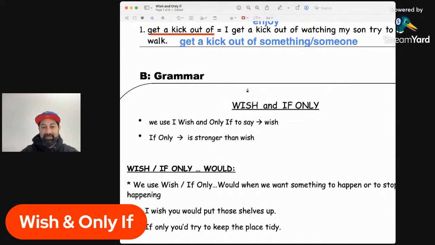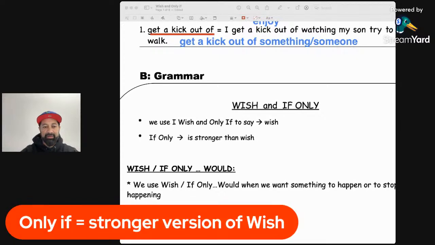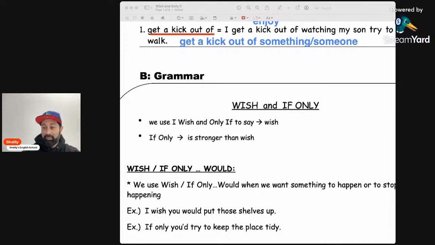Today, we will be focusing on two words. It's wish and if only. And as I put in a different banner, I've actually got this only if. Let's actually change the order of that. Not only if, but if only.